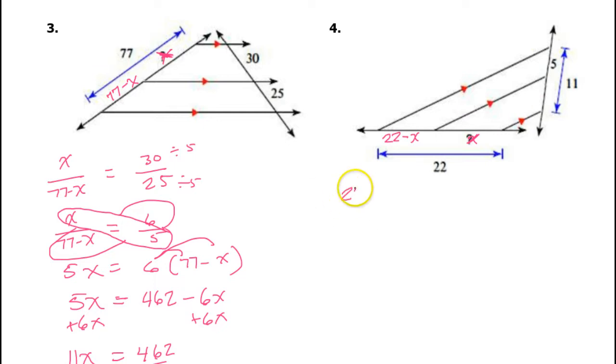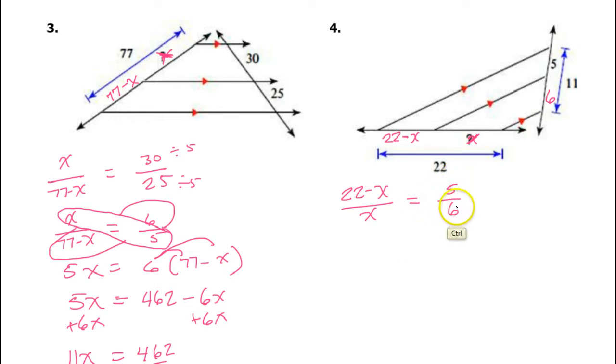So I can do 22 minus x over x is going to equal 5 over, hold up now, I don't know what this other part is. The other part must be 6 because I just did 11 minus 5. It's the whole thing minus the first part, so that'll be 6. So it'll be 5 over 6.